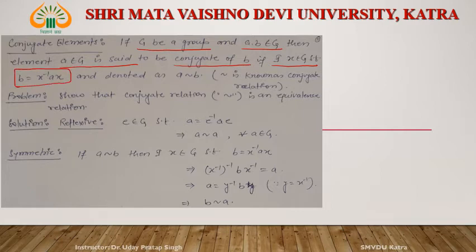Remember this relation. This is the relation between a and b. This conjugate relation is denoted by b conjugate a, or a conjugate b.